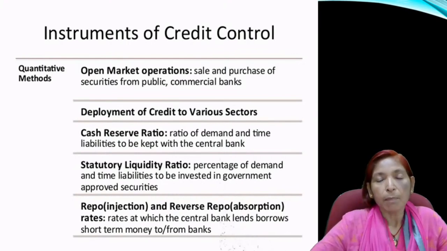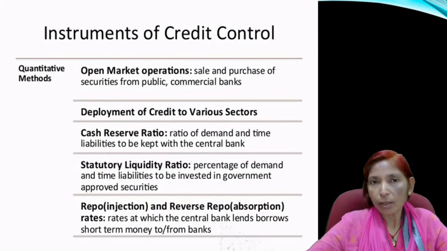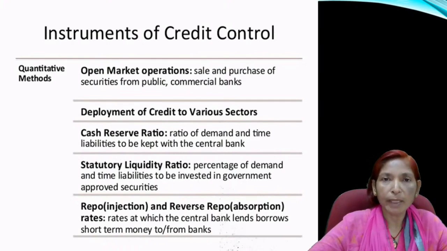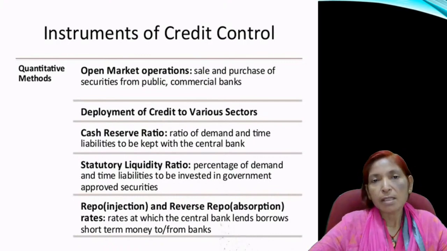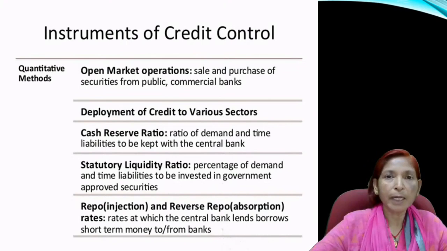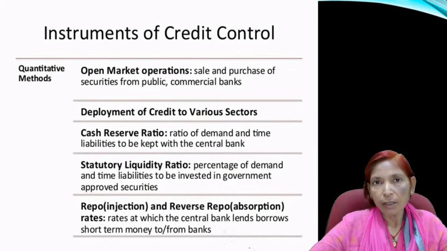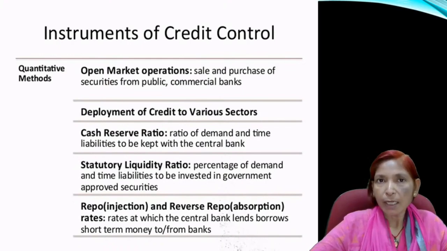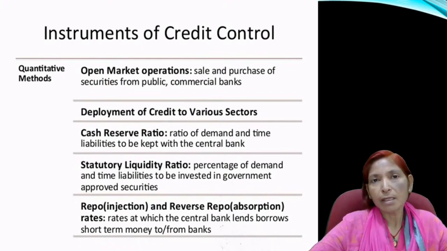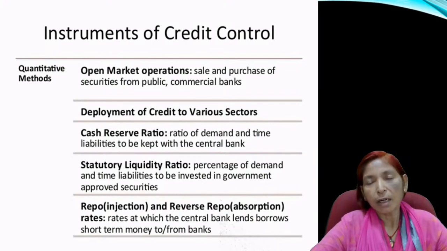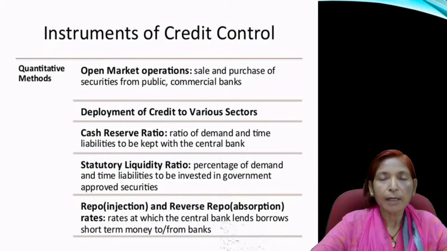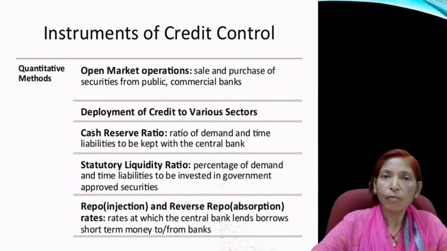In this case, the public will buy these securities like shares, bonds, debentures, which are paper title documents, known as financial investment. When people buy these securities from the RBI, the cash money from the people will go into RBI's hands. So in this case, the purchasing power of the country's people will fall and their demand will also fall.